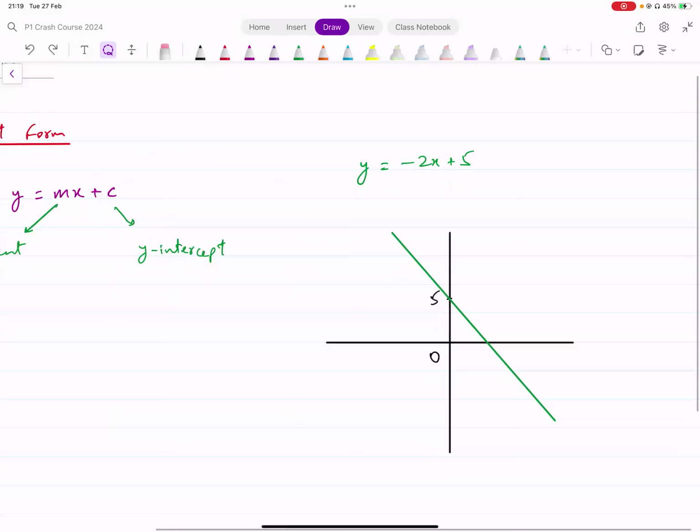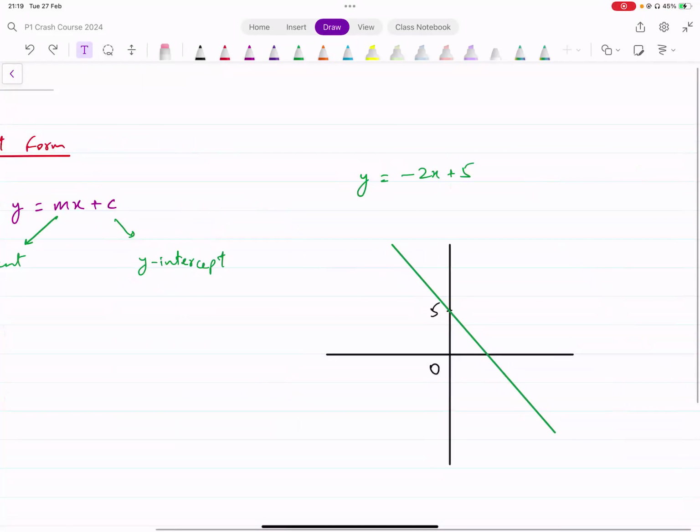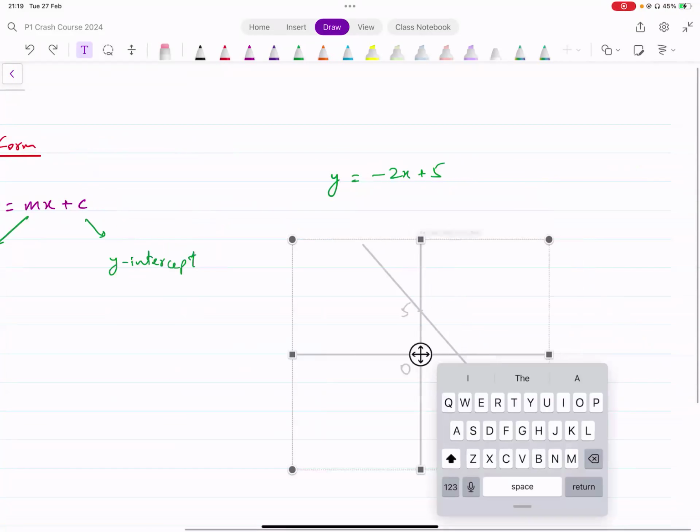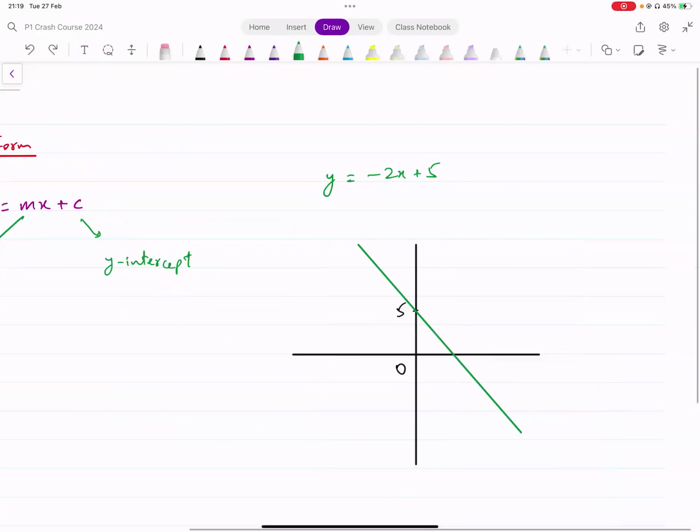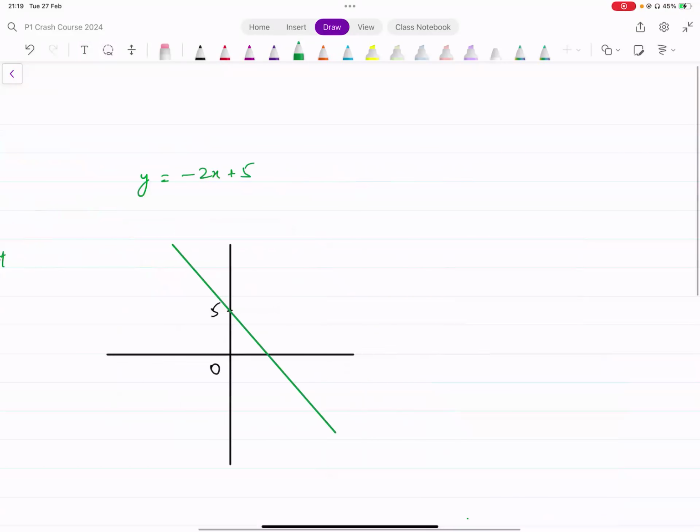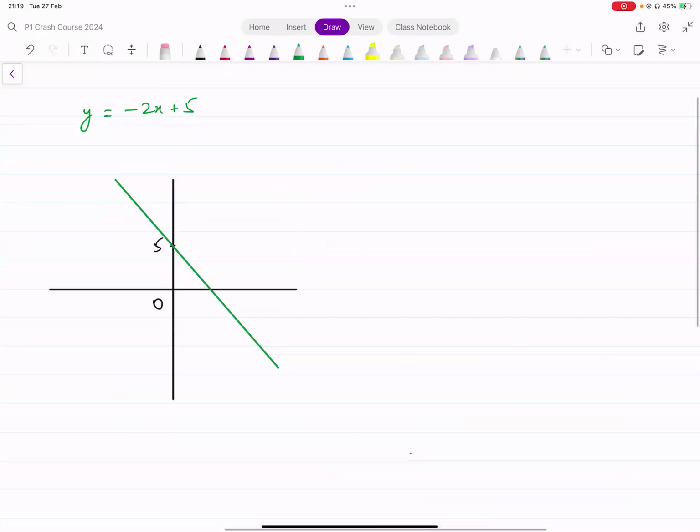What's the connection between the line and this equation? The connection between these two things is that every single point on this line is going to satisfy this equation.